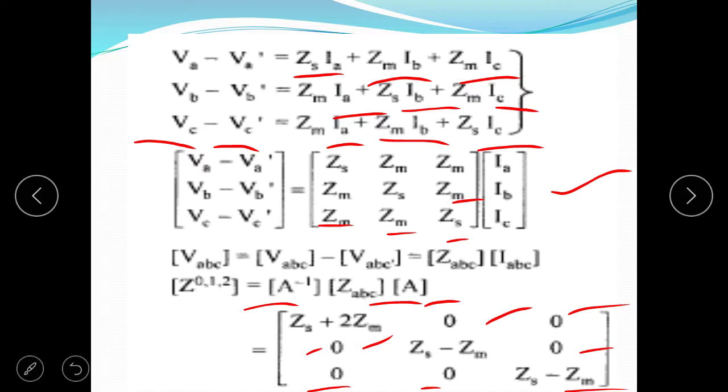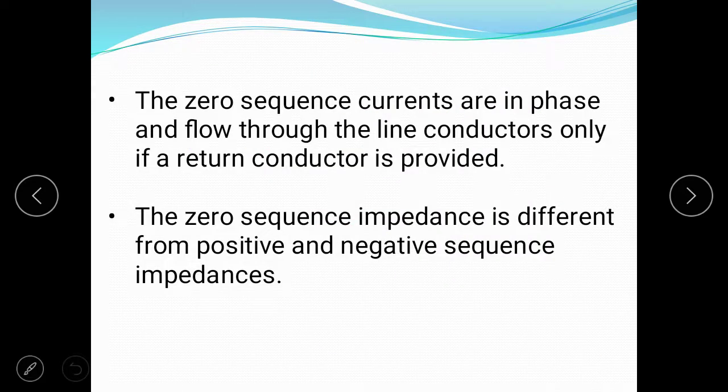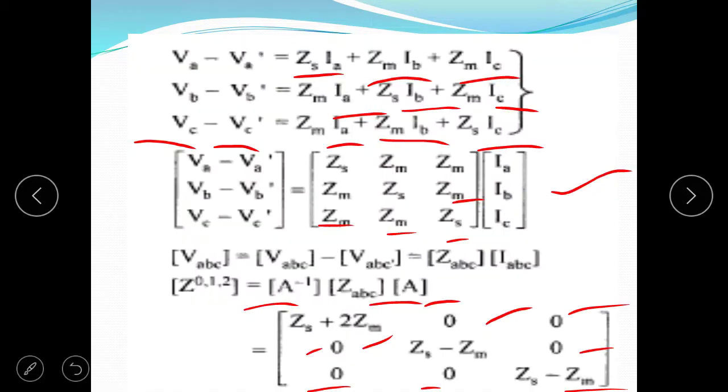This is the impedance matrix of sequence components. From this matrix we find that the zero sequence impedance of the transmission line is Zs plus 2Zm, the positive sequence impedance is Zs minus Zm, and the negative sequence impedance is Zs minus Zm.